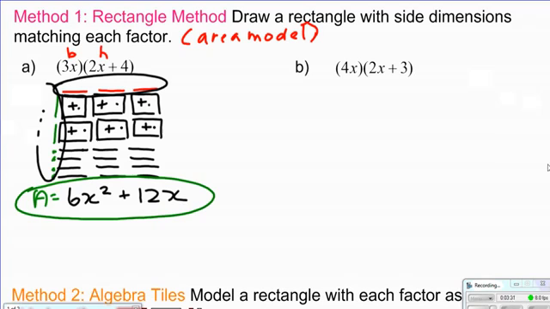Looking at the second one, we're going to do a similar kind of model, base times height. So 4x is the base and 2x plus 3 is the height, or vice versa. So 4x, 1, 2, 3, 4, and then 2x and 1, 2, 3. So filling in the shapes, x times x gives us x squared.